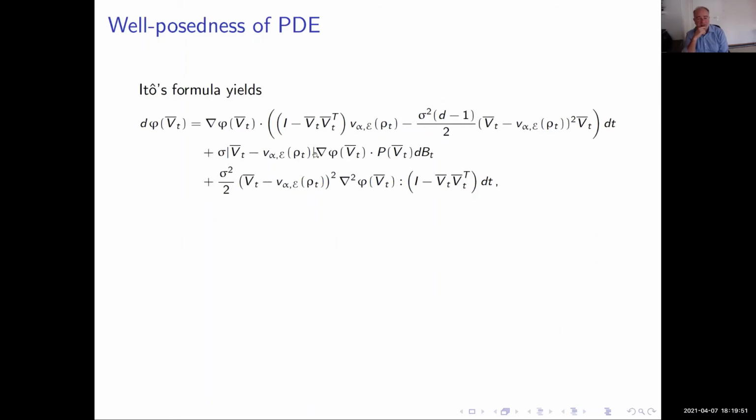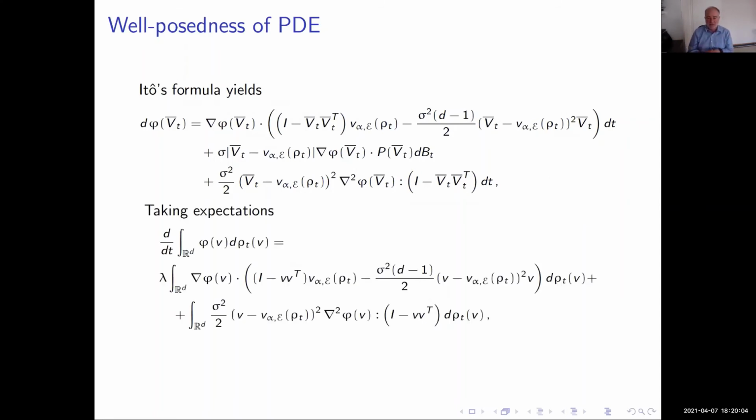By taking the expected values on both sides, interpreting it in integral form, and using Fubini-Tonelli, you can prove that the law of this monoparticle system can be described by an equation that is written here in weak form. This equation is tested with respect to test functions on R^D.